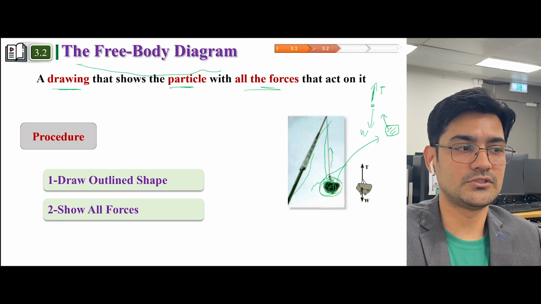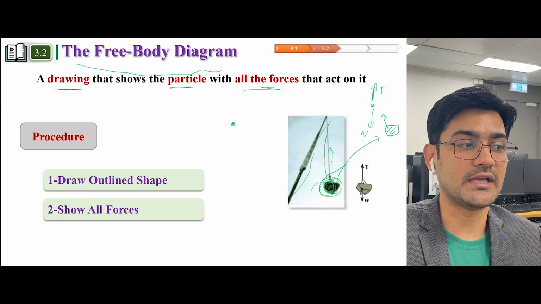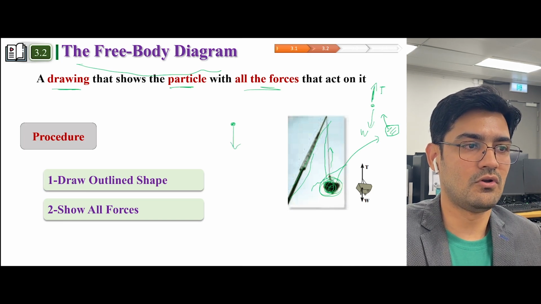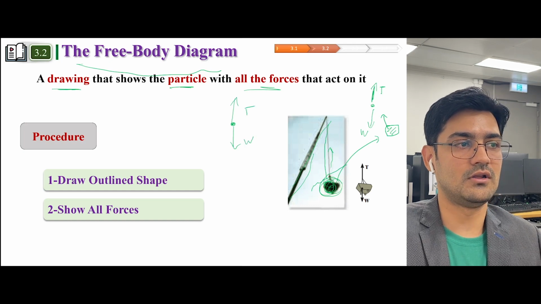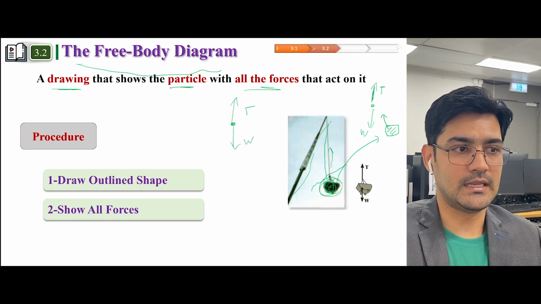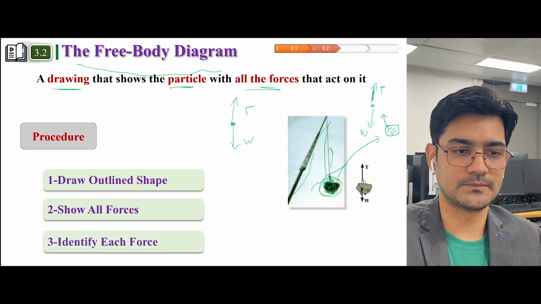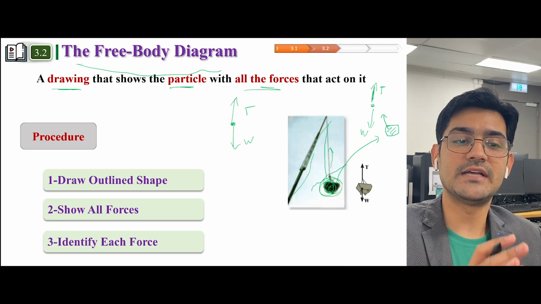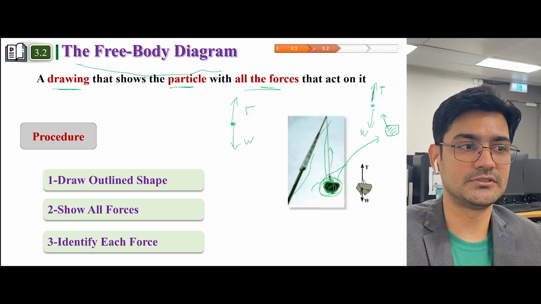So the first step was to draw an outline shape. We drew an outline shape. The second step was to show all the forces. So we have shown all the forces that are acting on this body. Now the third and last step is to identify each force. The forces that are known should be labeled with their proper magnitudes and directions.